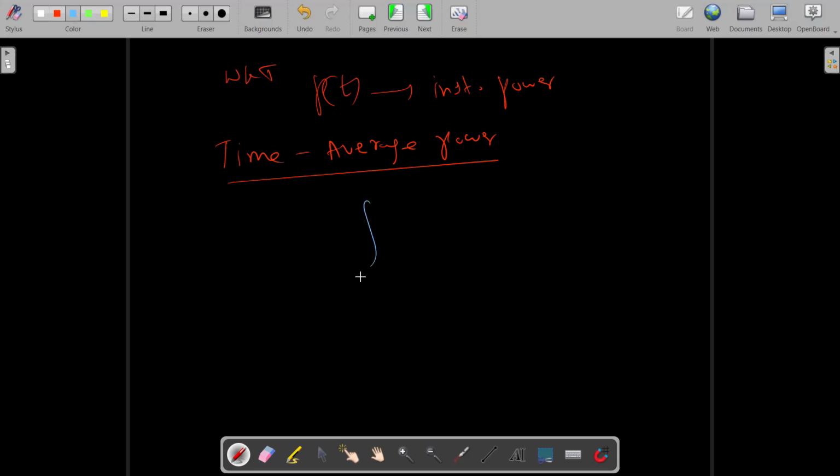So for one time period, this is the integral of P of t dt divided by T, where T goes to infinity.